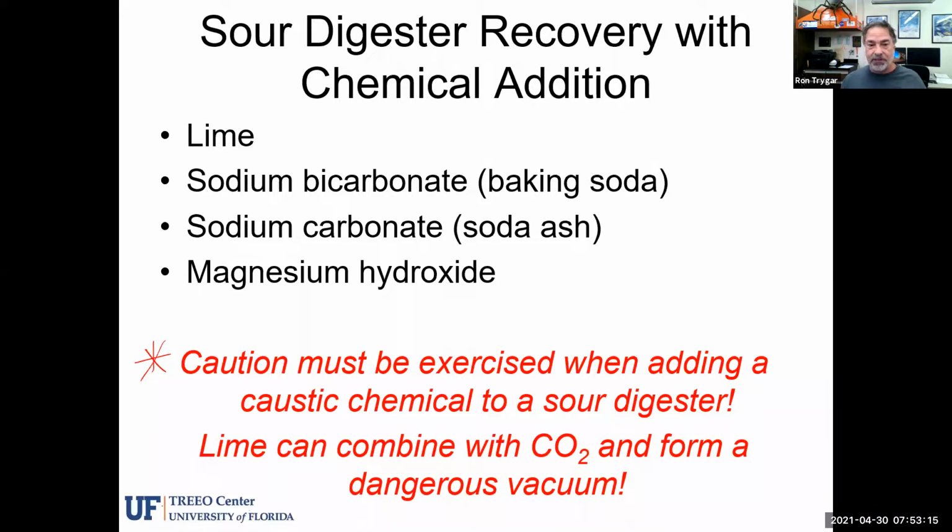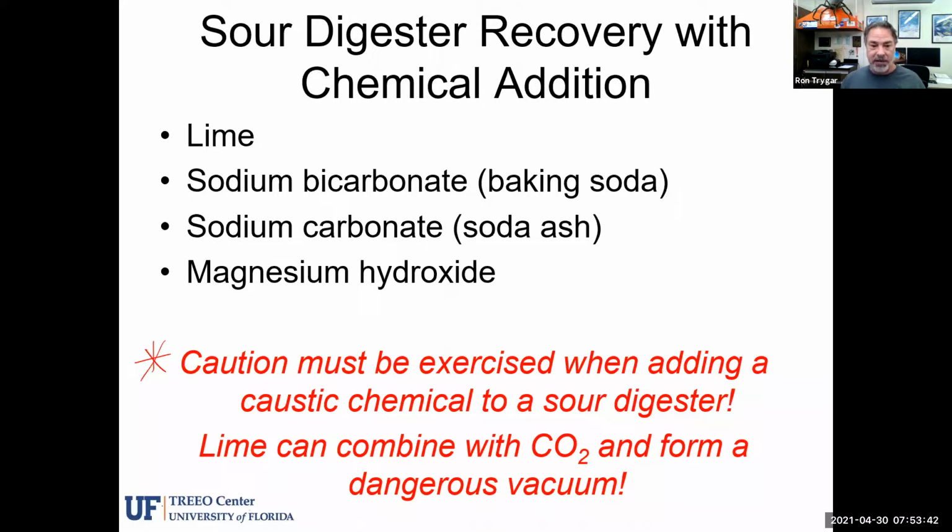And one of the things that could happen is lime, especially with the calcium hydroxide components, can combine with carbon dioxide and essentially convert that into other forms, which then with the collapse of that gas, the carbon dioxide gas, can actually form a dangerous vacuum inside the digester. So you don't want to be drawing in oxygen because you have a vacuum forming inside this digester.